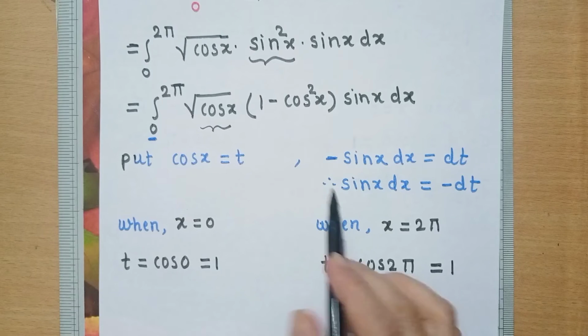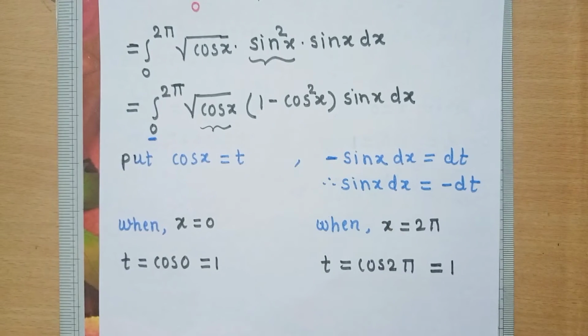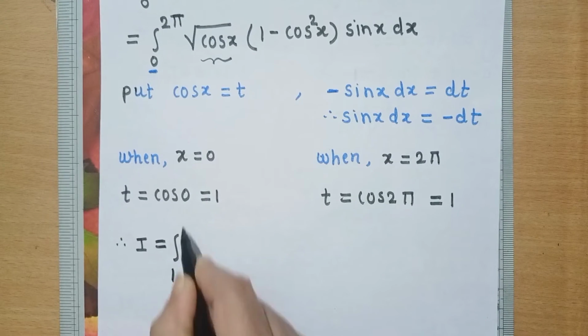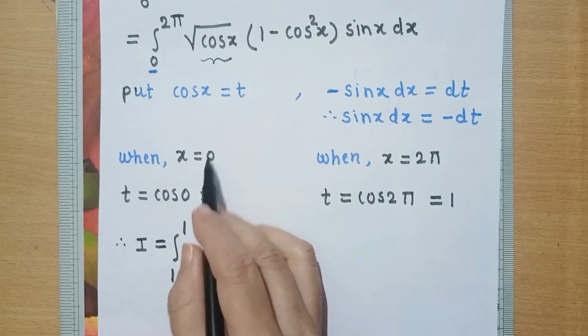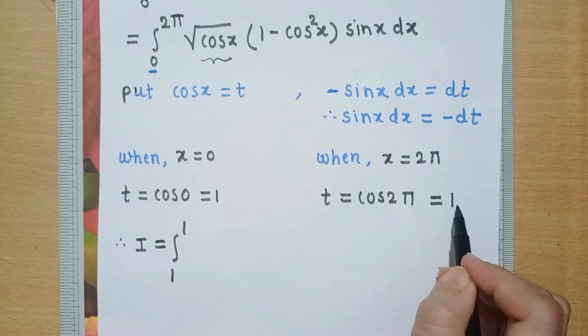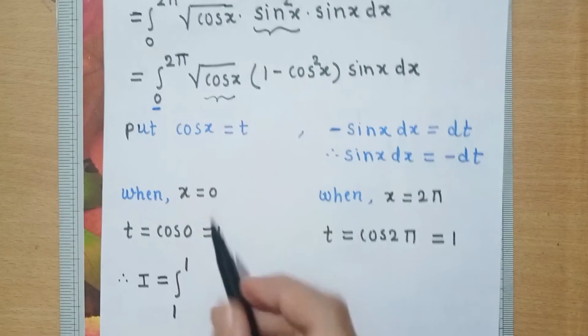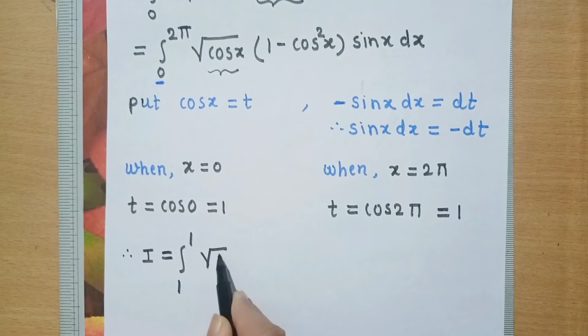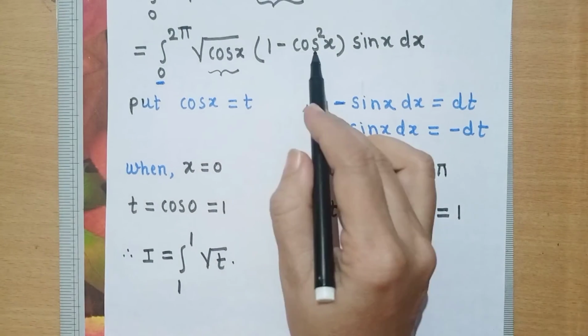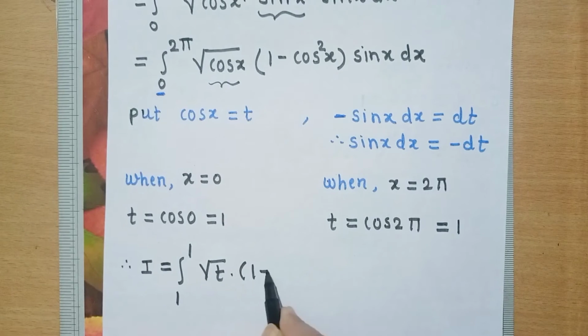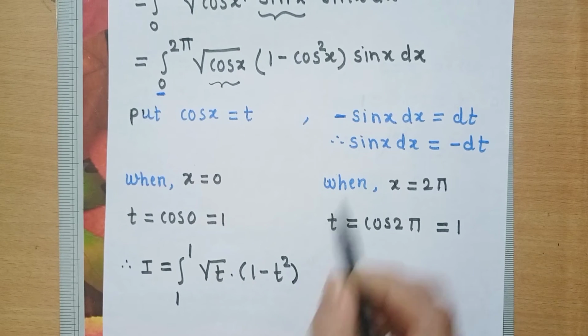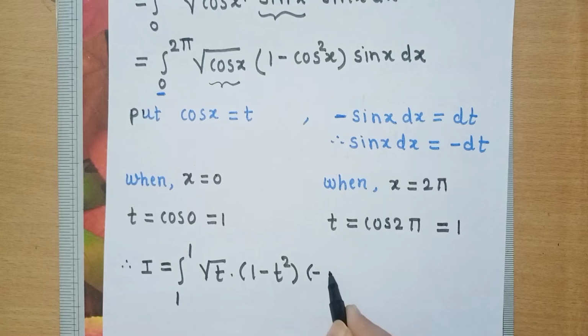So we will substitute all these things here. Look here, I am writing from 1 to 1 because for 0 and also 2 pi, t is 1. And then root of cos x means root of t, and then here 1 minus t square, and sin x dx is minus dt.